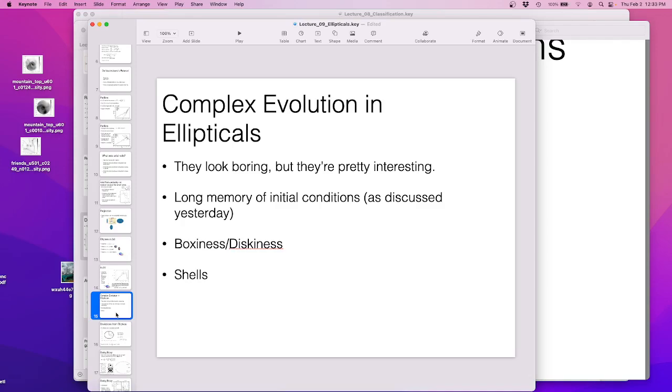So the distribution f of Vx is going to be the square root of 1 over 2 pi sigma x squared, times e to the minus Vx minus Vx bar squared over 2 sigma x squared. And f of Vy is going to be 1 over the square root of 2 pi sigma y squared, times e to the minus Vy minus Vy bar squared over 2 sigma y squared.